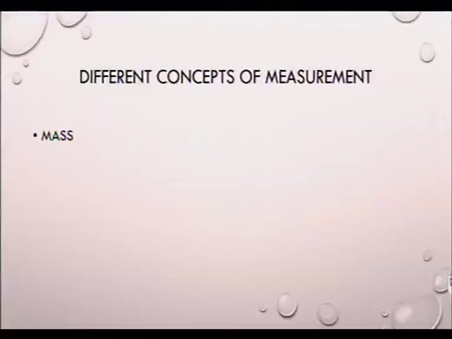When it comes to different concepts of measurements, let's look at mass. How will we teach this concept to our learners, our little ones? For instance, when it comes to mass, how will I as a teacher introduce this topic?